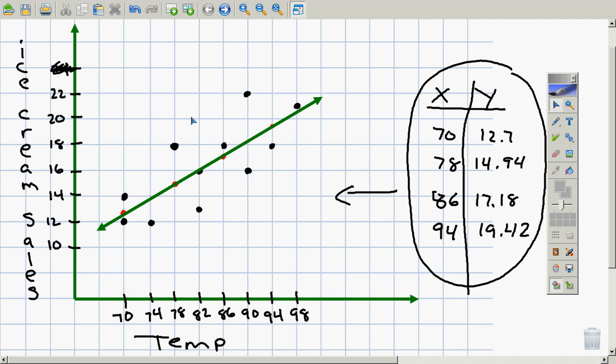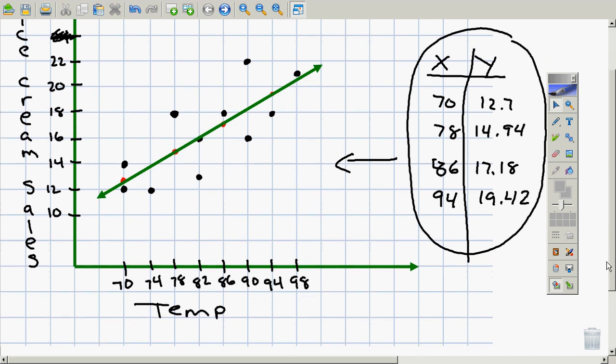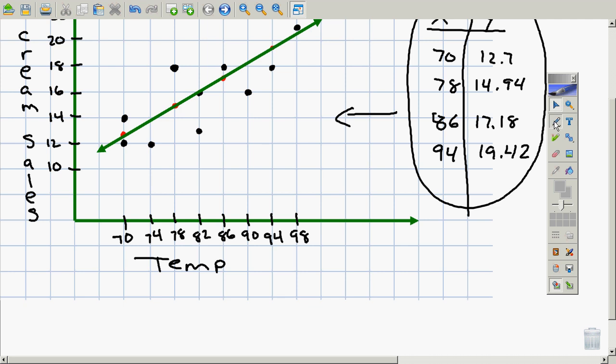So on your calculator, you should go to 80, and next to 80 it should say that if it's 80 degrees, you can assume that you would sell 15 and a half ice cream cones, so somewhere between 15 and 16.